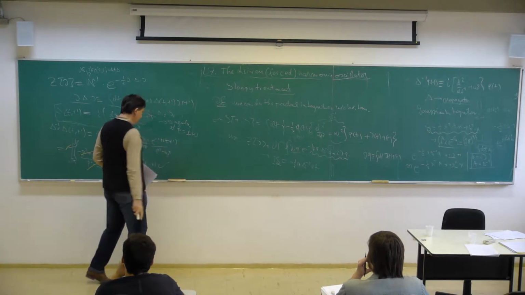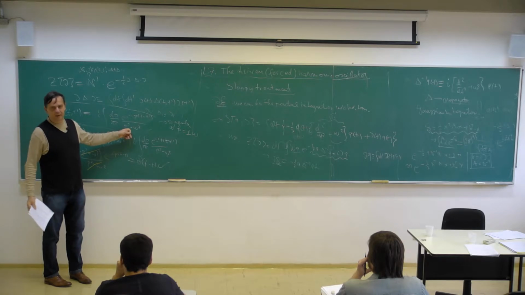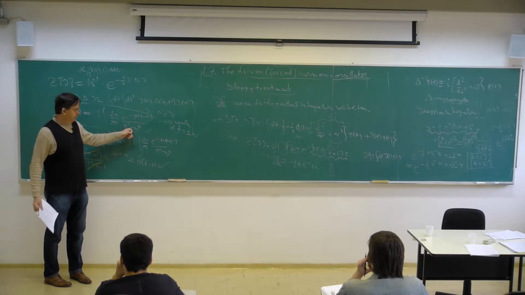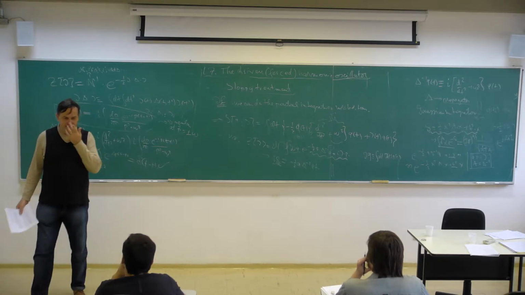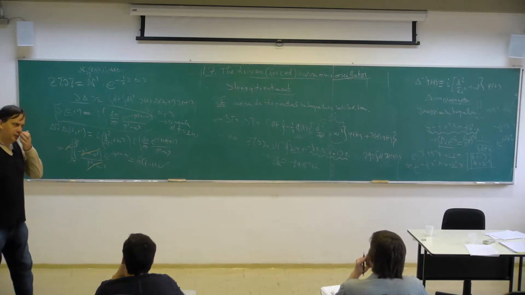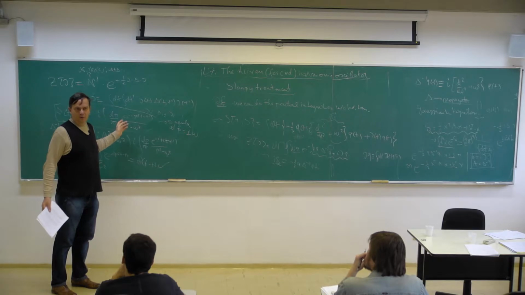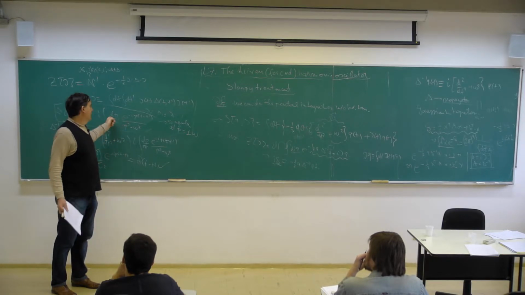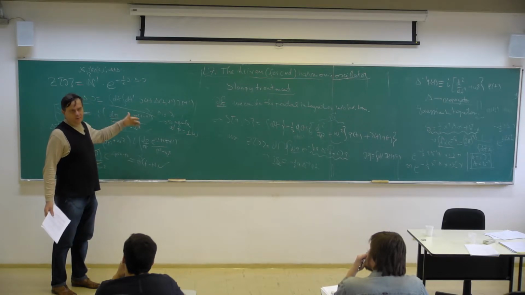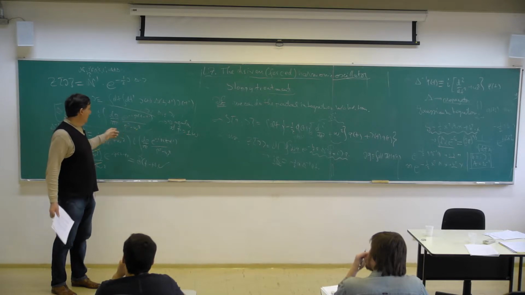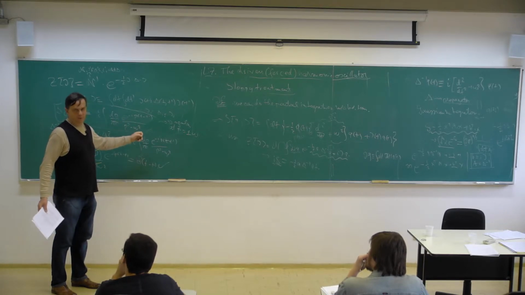The integral has a pole. But that's nothing unusual. We have seen before how to deal with these things. We have to deform the contour of integration over p from the real line to some complex line that avoids the poles.